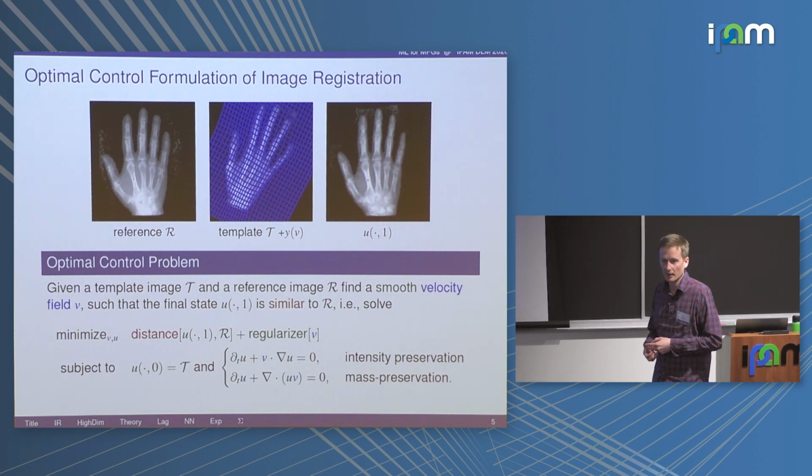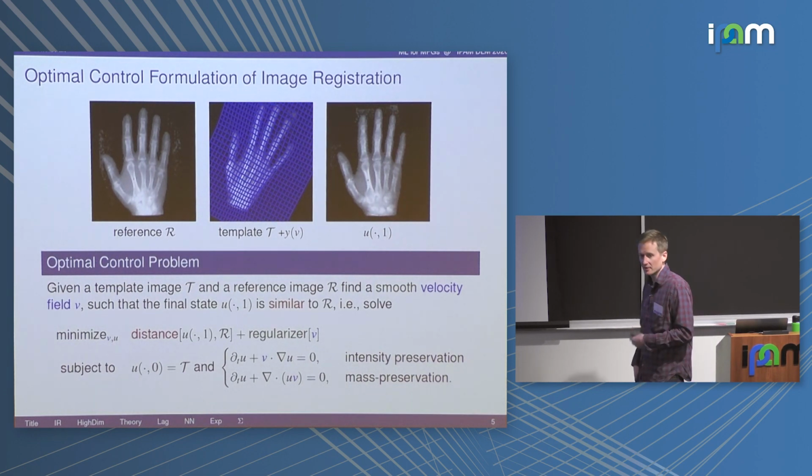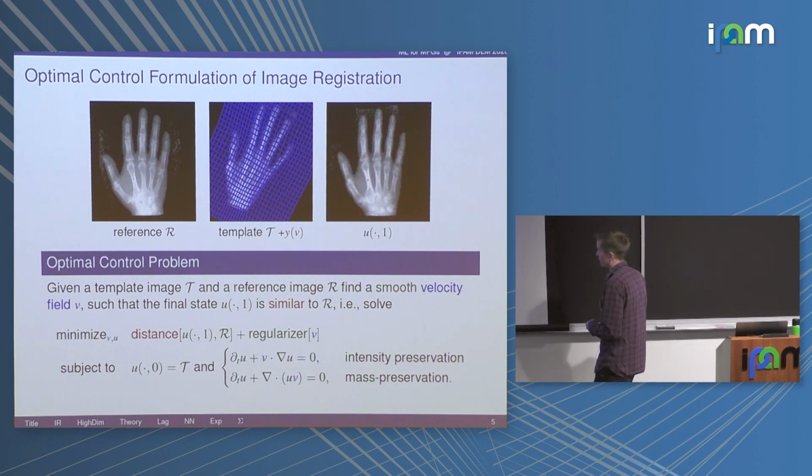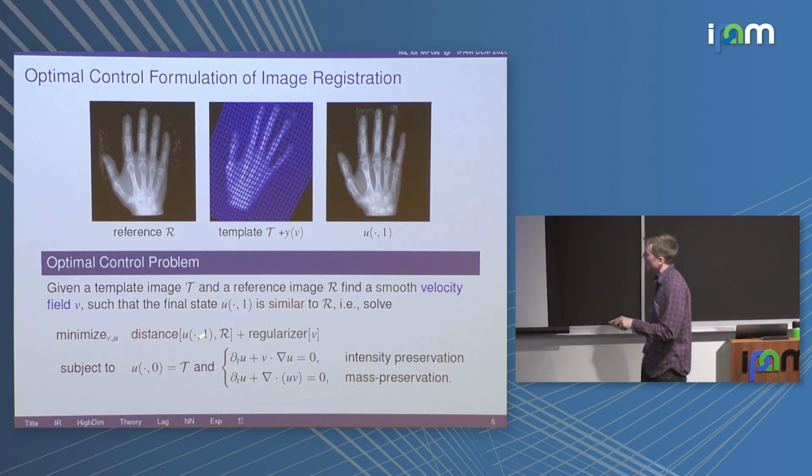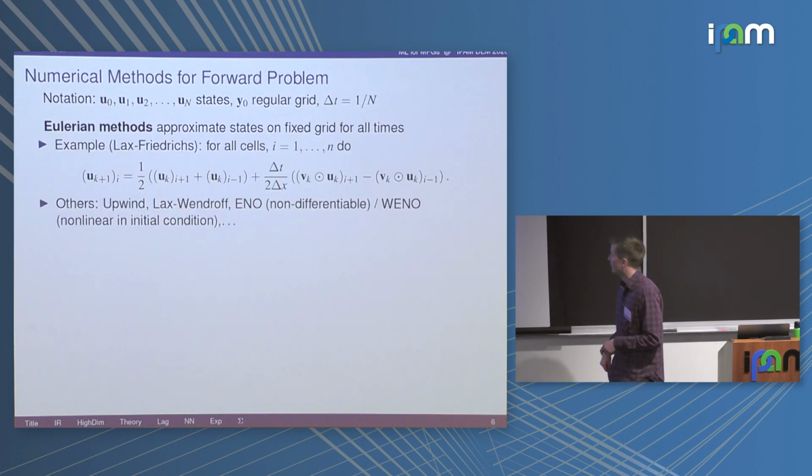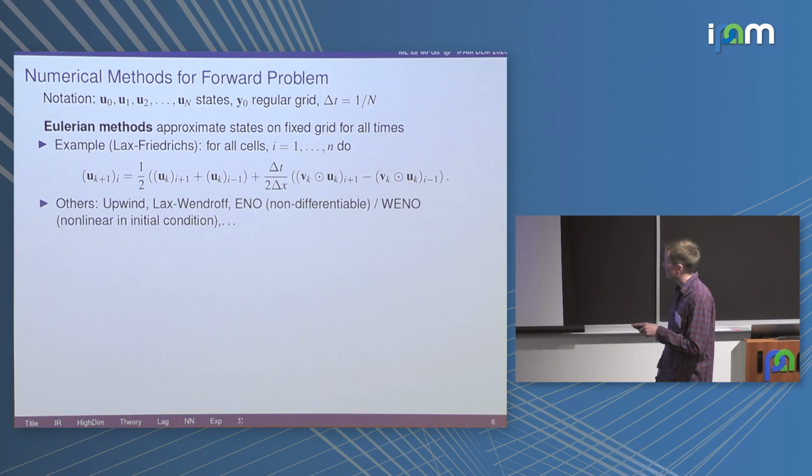That's the angle I want to take, because that's also what we do a lot in the machine learning world. So if we want to eliminate this PDE constraint, you realize it's a hyperbolic PDE. There are a few things that can go wrong. You could, for example, think about something called a Eulerian method. That means that you discretize in time, and you have a fixed grid in space.